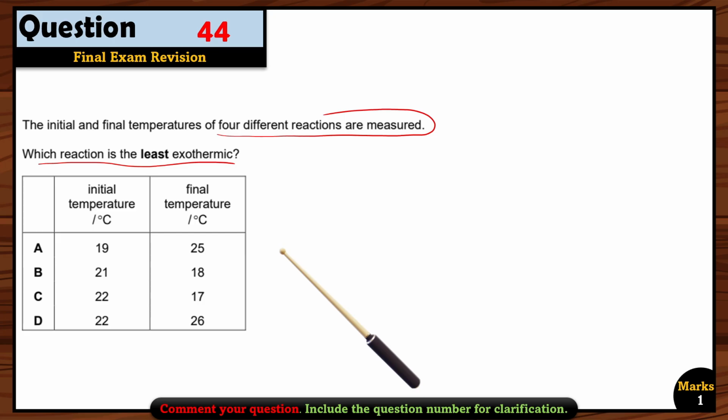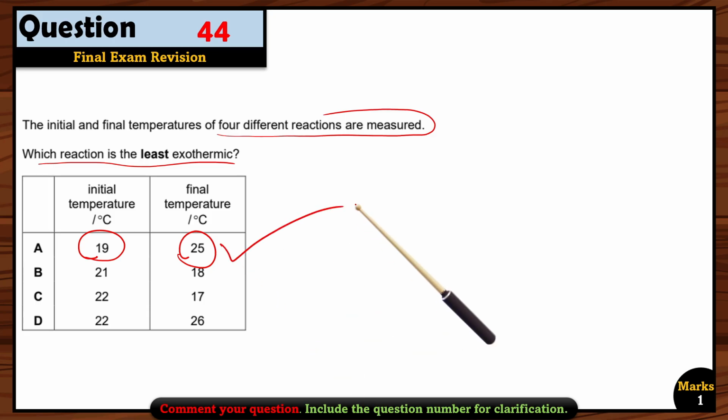The initial should be lower and the final should be higher. So if you look over here, the initial was 19, final is 25. It means the surrounding temperature has increased, so this is exothermic. Now let's see any other option. 21, 18, it is reduced. This one is not exothermic. 22 was the starting and the final is 17, not exothermic.